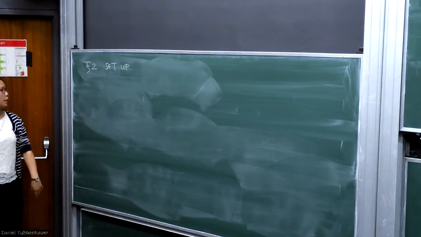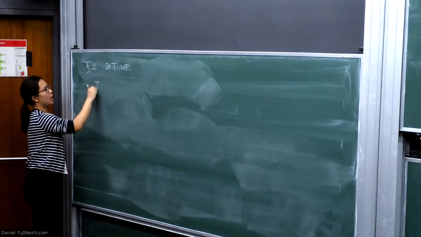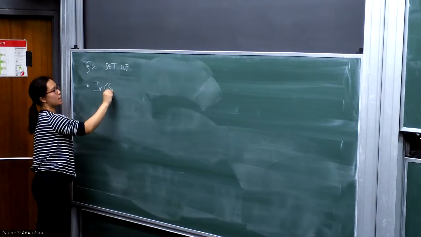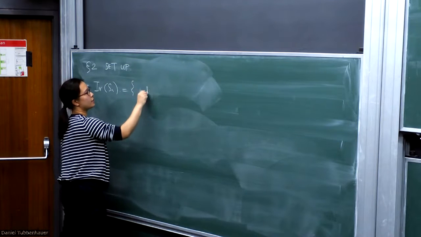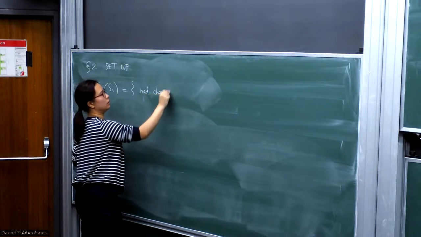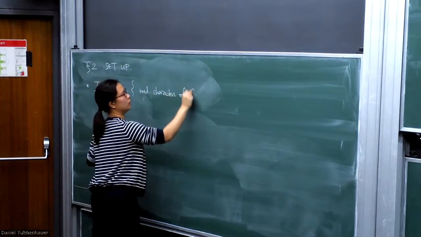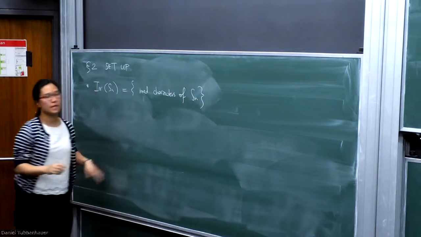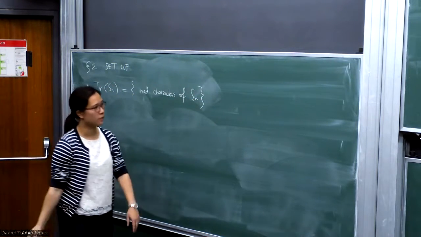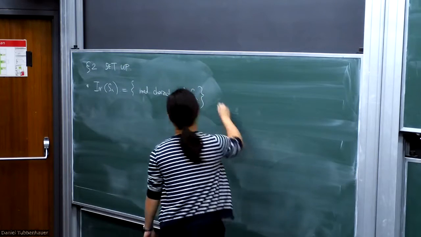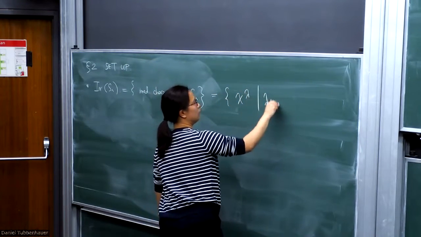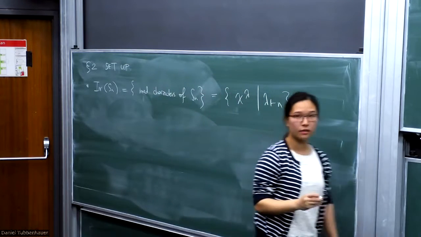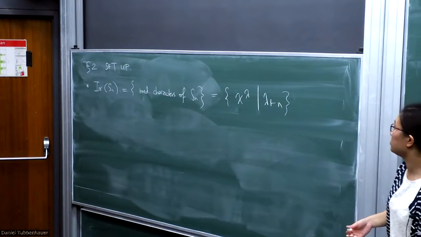So to set things up, Irr of Sn for me will just be the set of complex irreducible characters of the symmetric group Sn, and of course these are just indexed by partitions of n. And to a partition lambda of n, I'll denote the corresponding irreducible just by chi lambda.